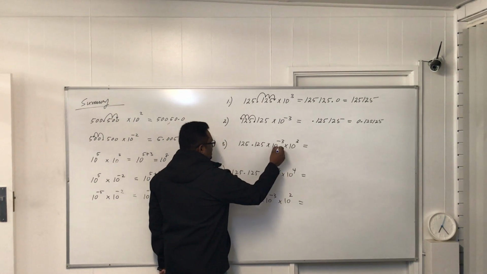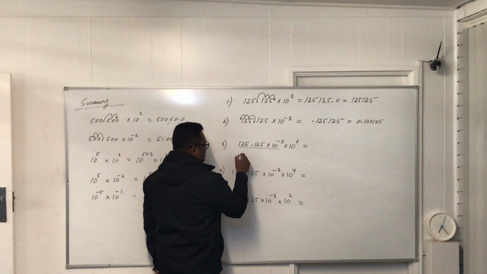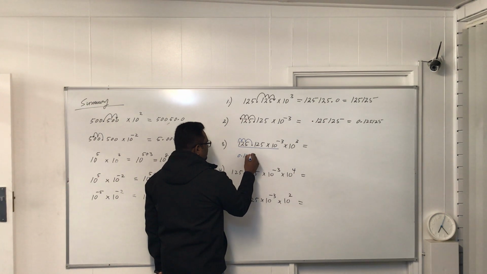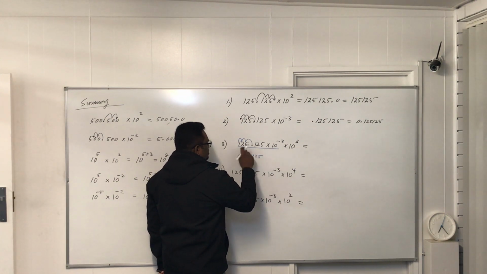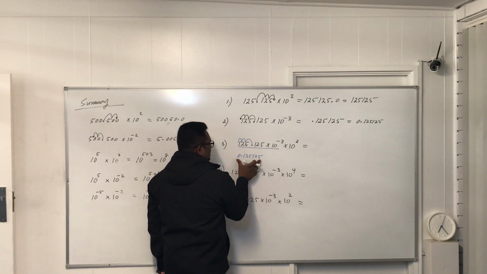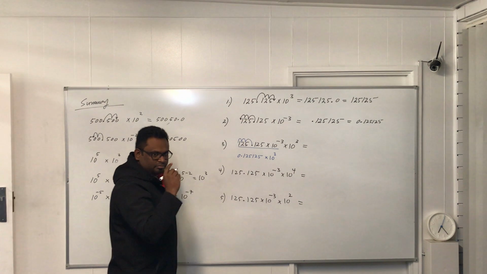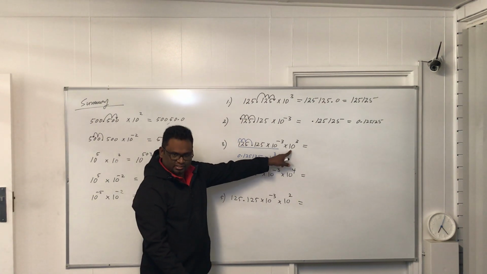First of all, I will consider this. Then it would be 3 places, 1, 2, 3. So it's going to be 0.125. So this is replaced by that. Then this 10 to the power 3 I'm going to put here, because nothing is going to happen to this, right?